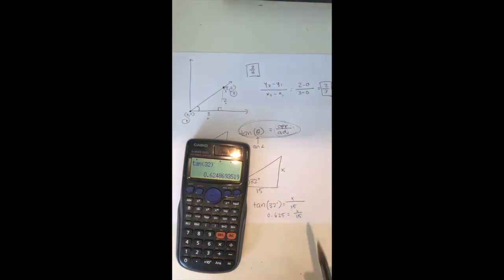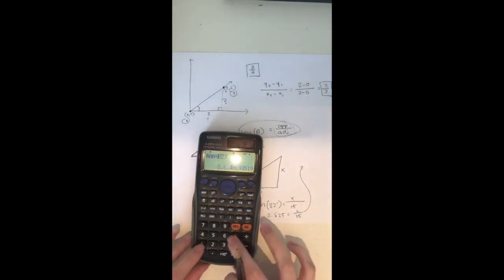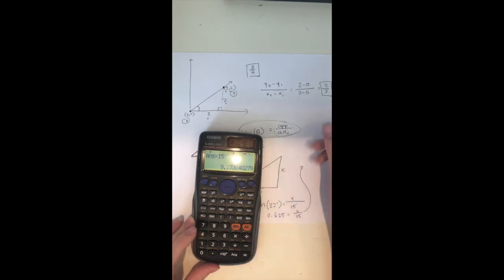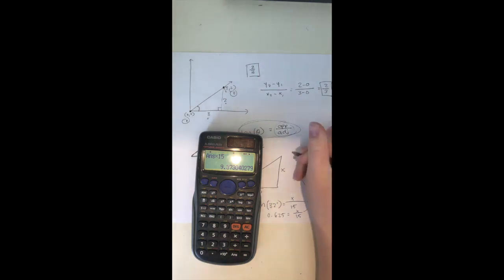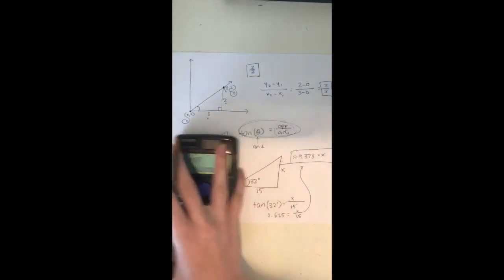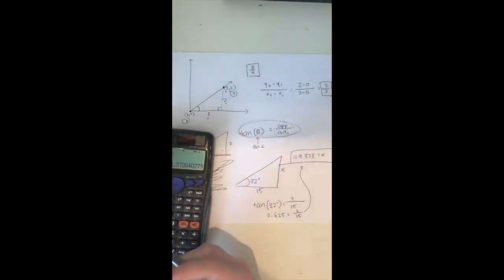If you want to get x alone, you'd have to multiply both sides by 15. So this times 15 is approximately 9.373, which is equal to x. So this would be your answer for how to find x.